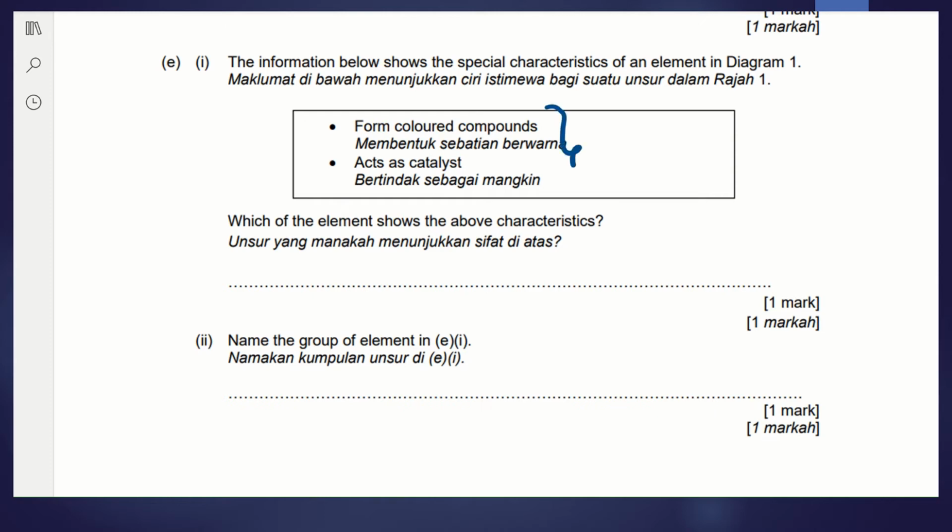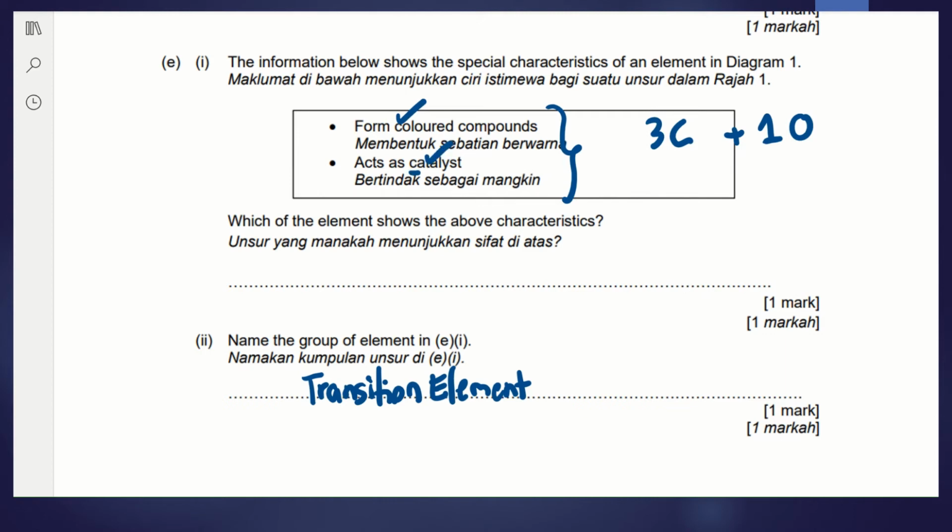Here are the characteristics of transition elements. Basically, transition elements have 3C plus 1O special characteristics. 1C for colored compound, another C for catalyst, another C for complex ion, meaning that transition elements can form complex ions, and 1O is for more than one oxidation number.